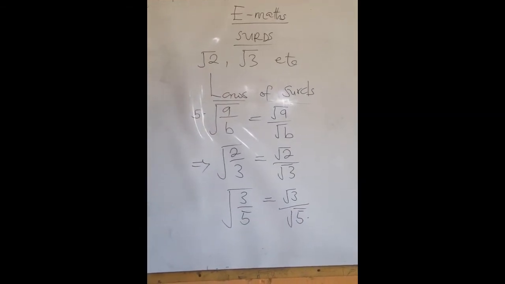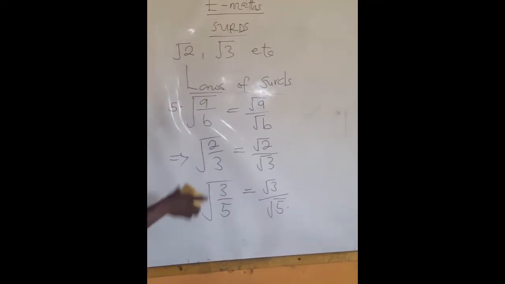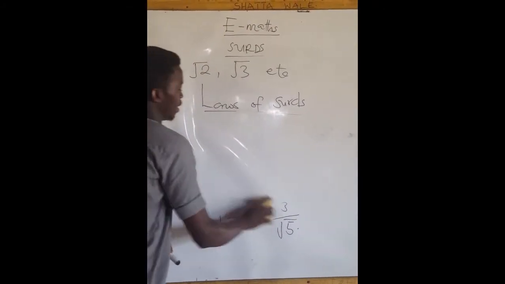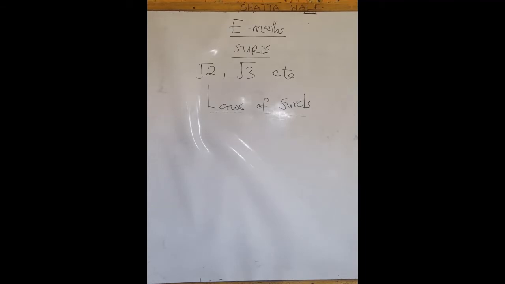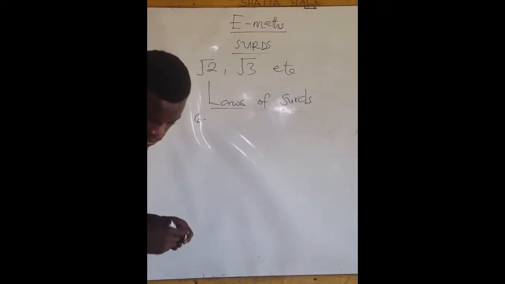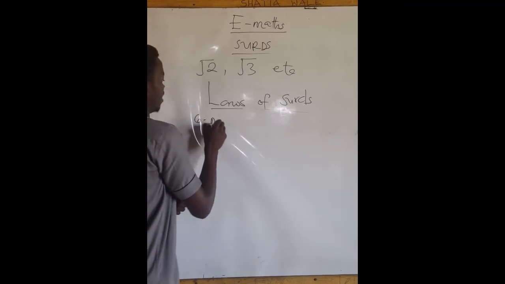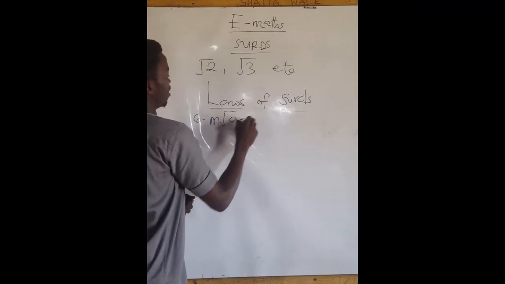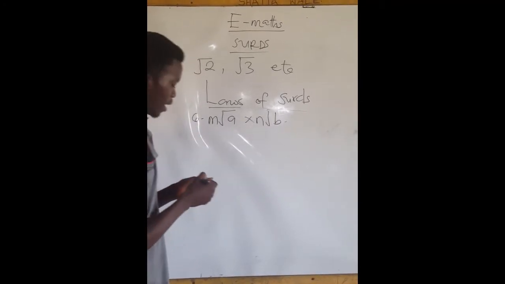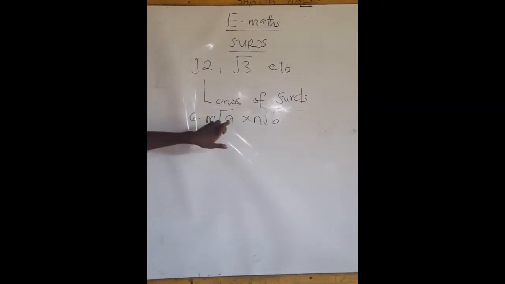Then let's take our last law. That's law number 6. For law number 6, we have m root a multiplying n root b. So this one, we have different variables or letters in the square root.